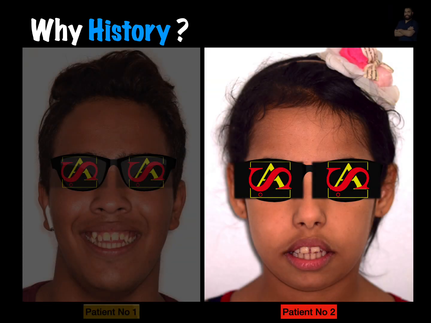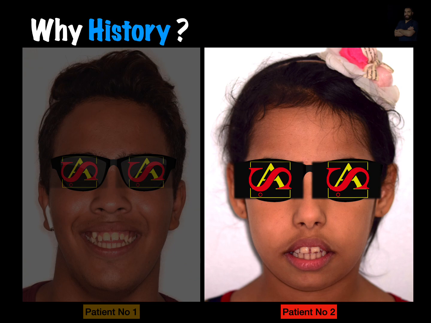This is patient number two, and when we ask her mother about the way of respiration, she told us that the patient breathes from her mouth and can't breathe from her nose.